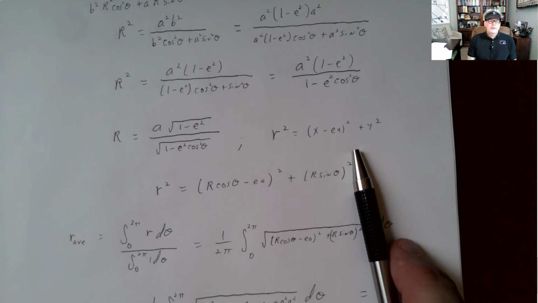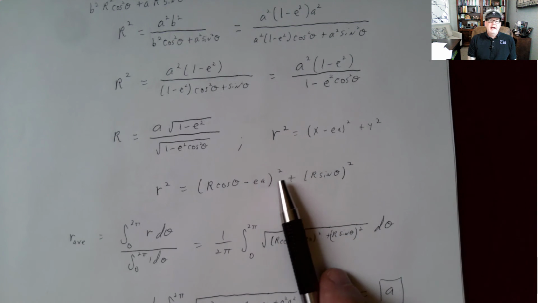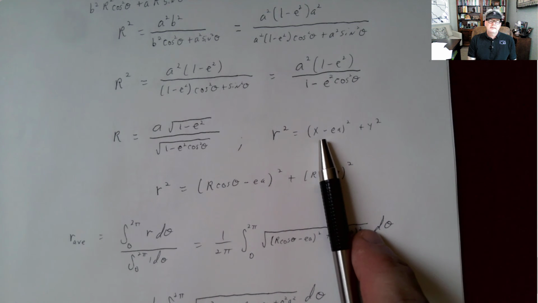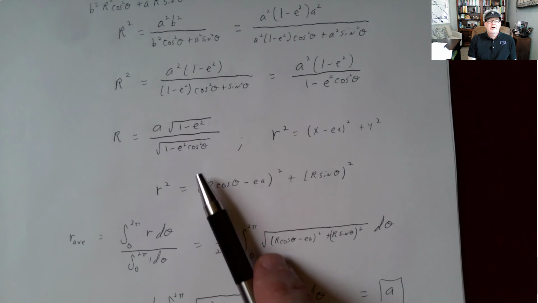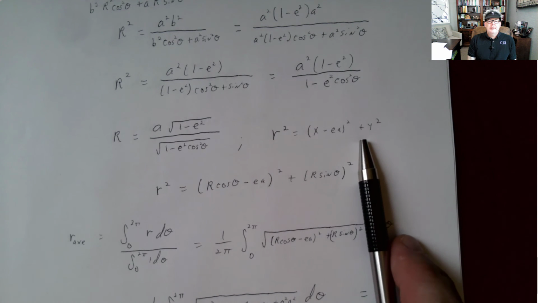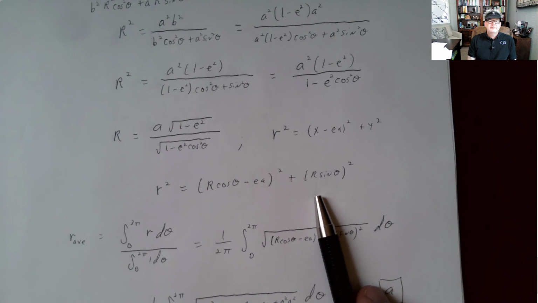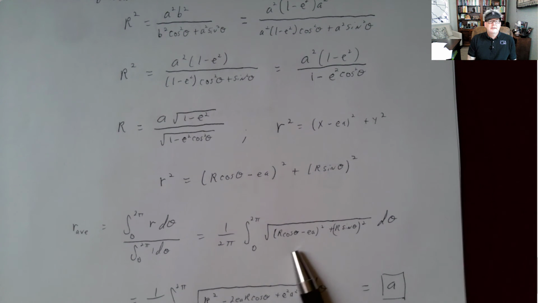So that'll be r squared. R will be the square root of that. But x now, instead of what I had before, it'll just be big R, where big R is this, cosine theta. And y will be big R sine theta. So take square roots and you get your r.